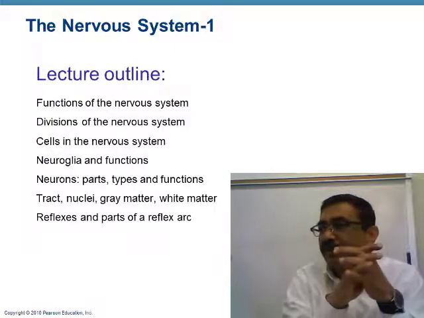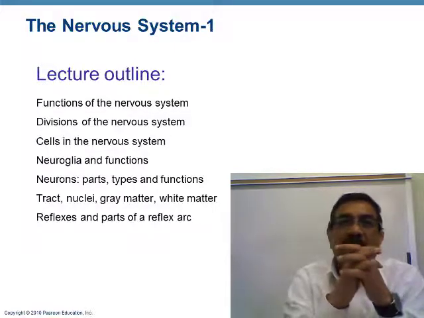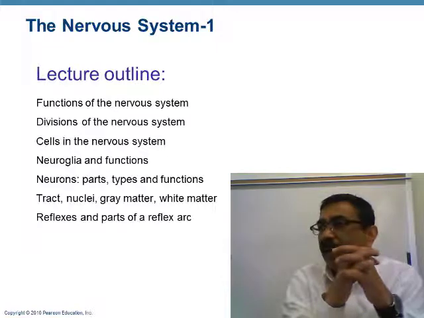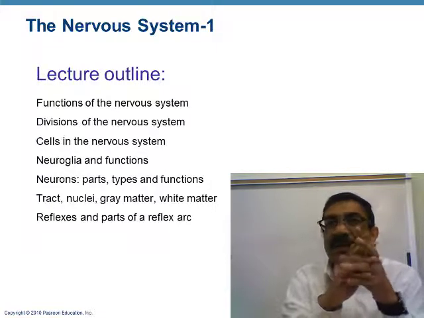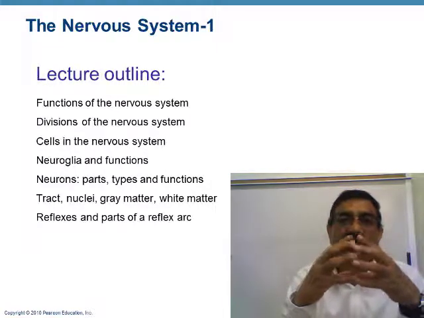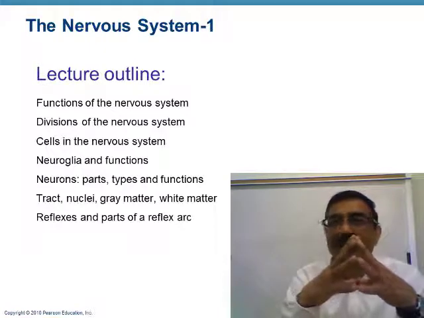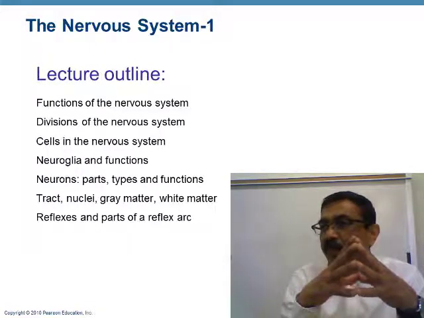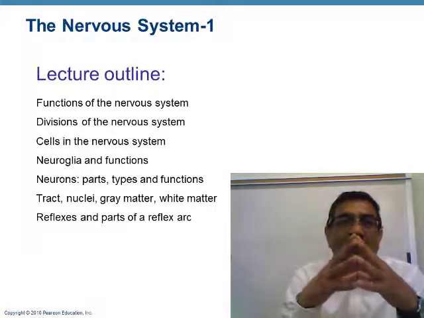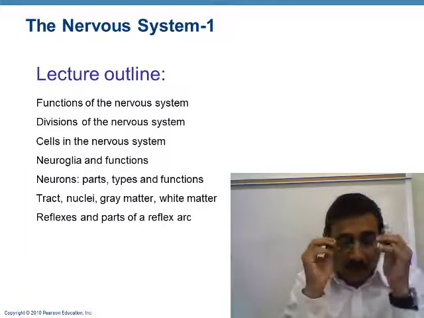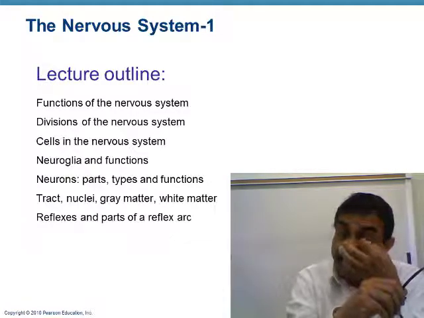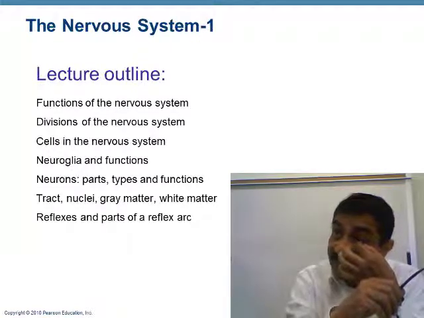There are 2 types of cells, you already know. Supporting cells are called neuroglia or neuroglial cells, and the main cells are called the neurons. Both are important. So first we will see the neuroglia, and then we'll see the neurons, the main cells. Okay, so we'll talk about both.